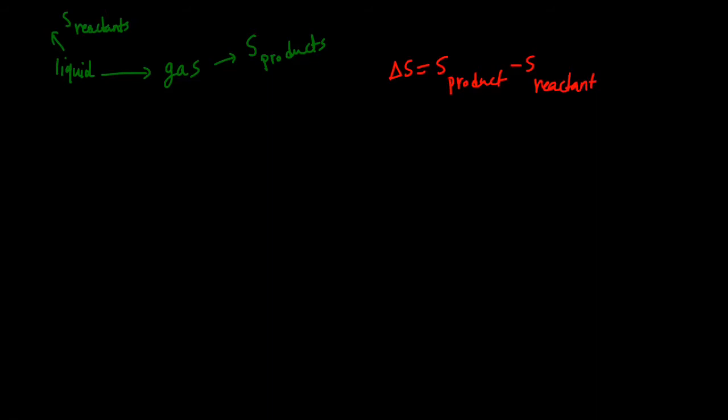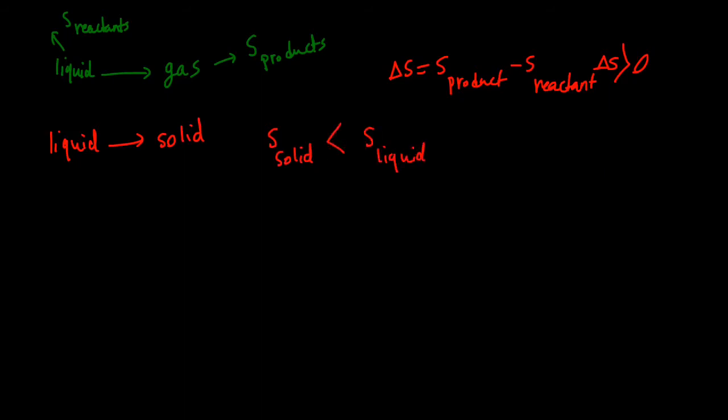In this case, because S of products is larger than S of reactants, delta S is larger than 0. But if I have, for example, something in the liquid state and I want to convert it to solid, we know the entropy of the solid of a substance is less than S of the liquid for that substance. Why? Because particles in the solid state have less freedom to move. As a result, delta S of this system is smaller than 0.